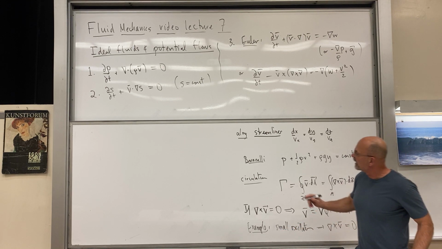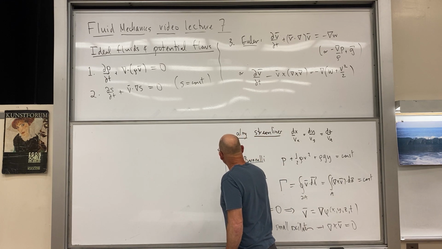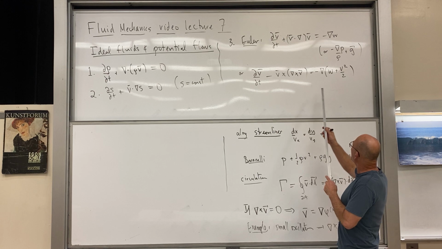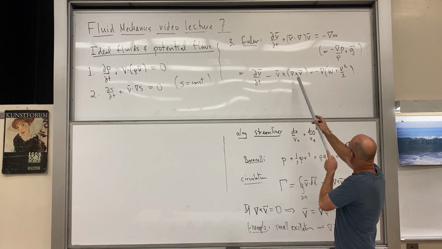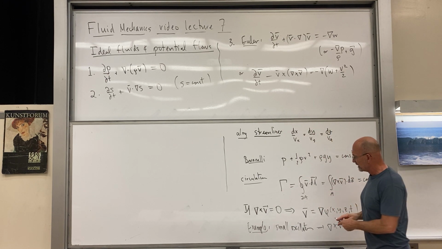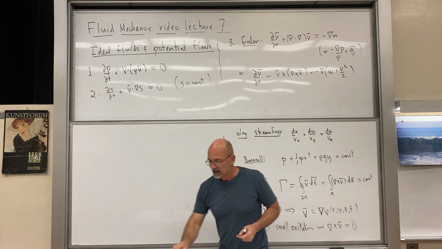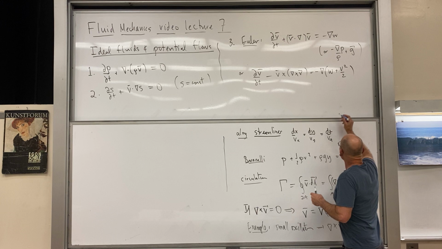Good, so here we are now talking about potential flows. And I have everything up on the board, and I'm going to use this equation here. Let's do like we do and call it star. Equation star is this one.